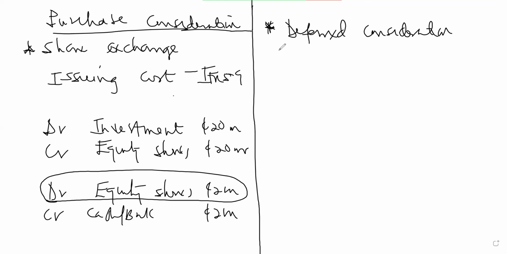All right. So if you come to the deferred consideration, we might have the cash, or we might not have the cash. So what will happen is that, okay, no problem, we are going to buy the shares, but we are going to pay you in 2 years' time, or we are going to pay you in 3 years' time.